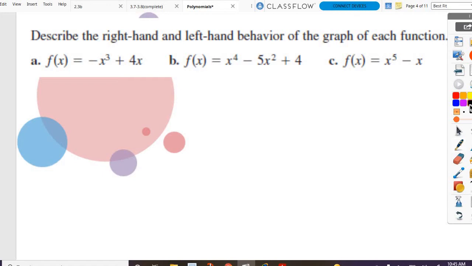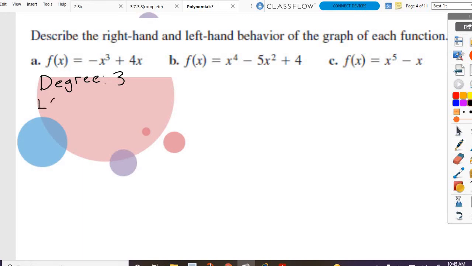So remember, we talked about looking at our leading coefficient and looking at our degree. So we don't actually have to graph this in order to be able to tell what our end behaviors are going to be doing. So what is my degree of the first one? What is it specifically? 3, yes, which is odd.